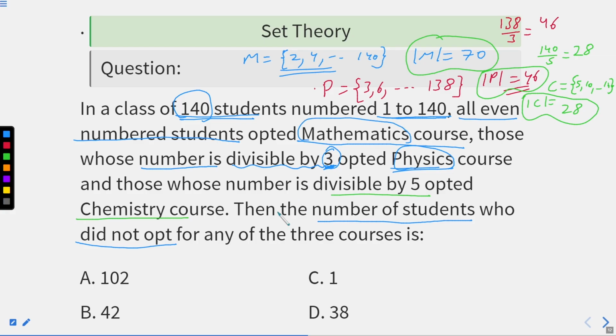So the multiples of the LCM of 3 and 2 are the students who opted for physics and math.